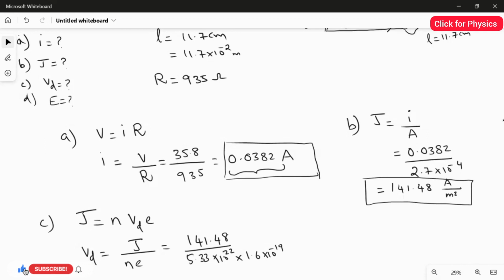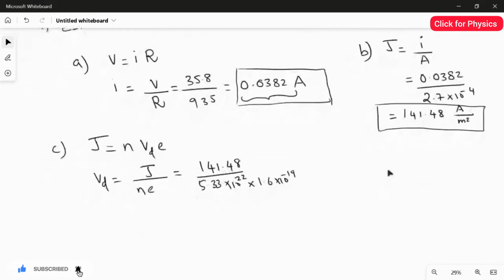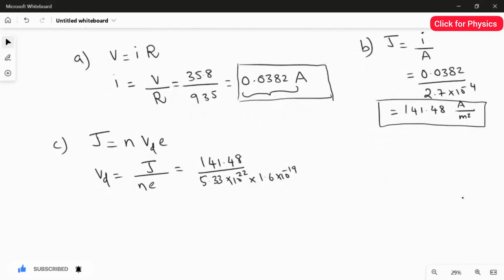So I got the answer here as drift speed, which is equal to 0.0165. And what's the unit here? The unit here is meter per second.